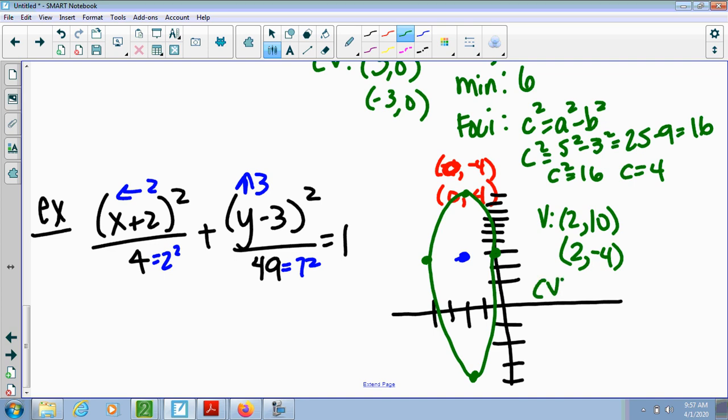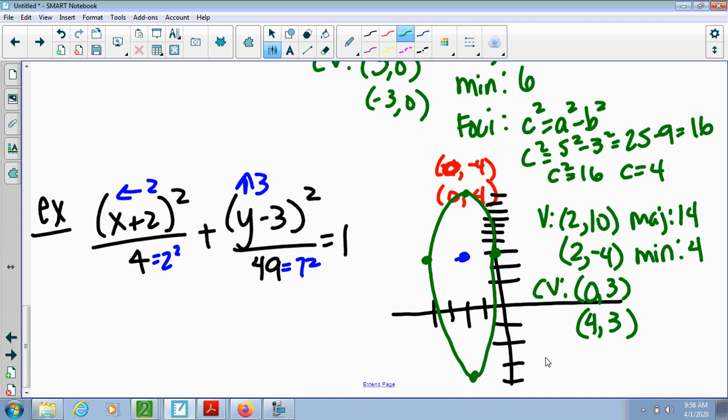Our co-vertices are 0, 3, and negative 4, 3. The length of the major axis is 14. The minor axis is 4.